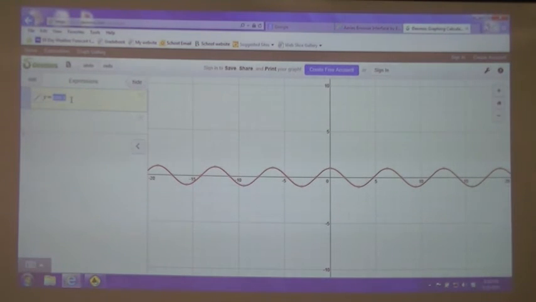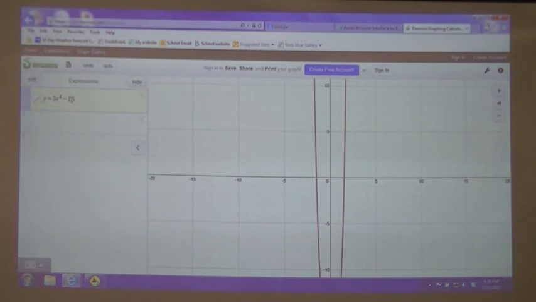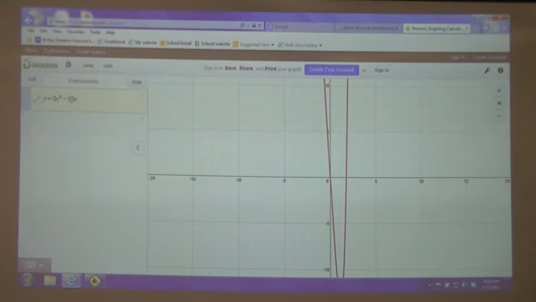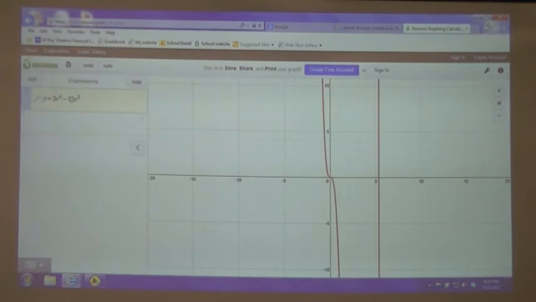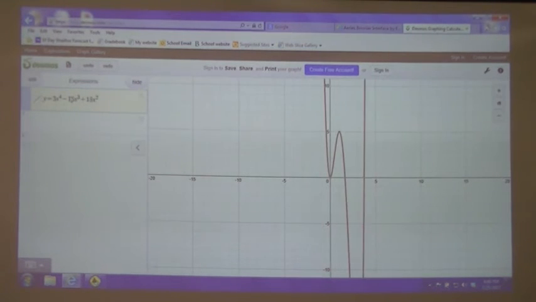Okay. 3x to the fourth minus 16x cubed plus 18x squared. All right, so there we are.